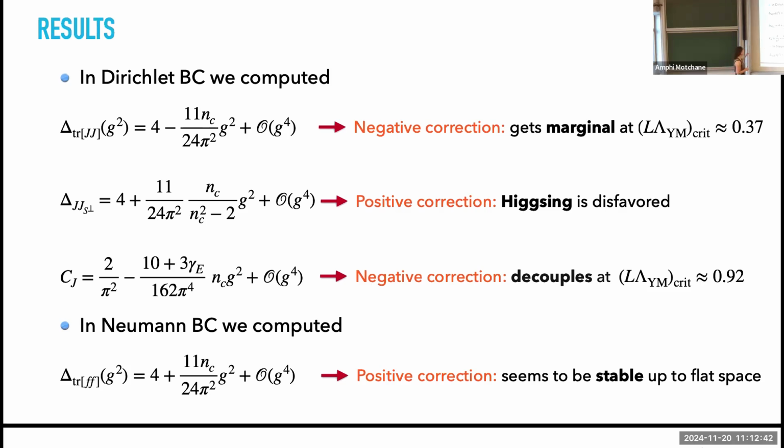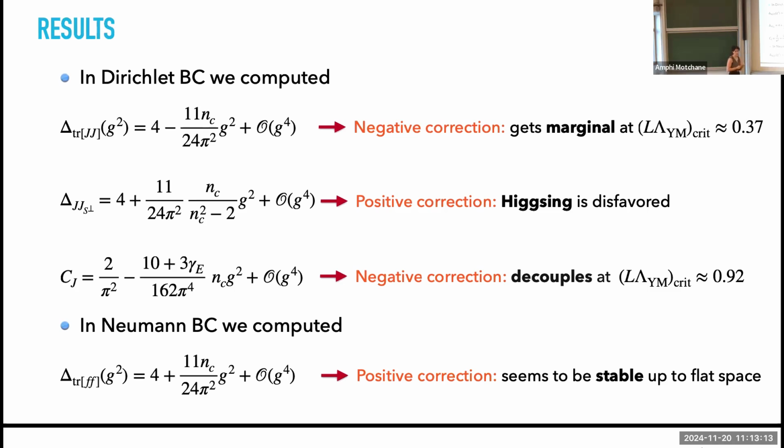We also computed the anomalous dimension of the product of two currents in any other representation, in particular the adjoint, and we found a positive anomalous dimension. This means that the Higgsing scenario in which the adjoint operator recombines with the current is disfavored, because the anomalous dimension is positive, so it gets farther from delta equal to 3.